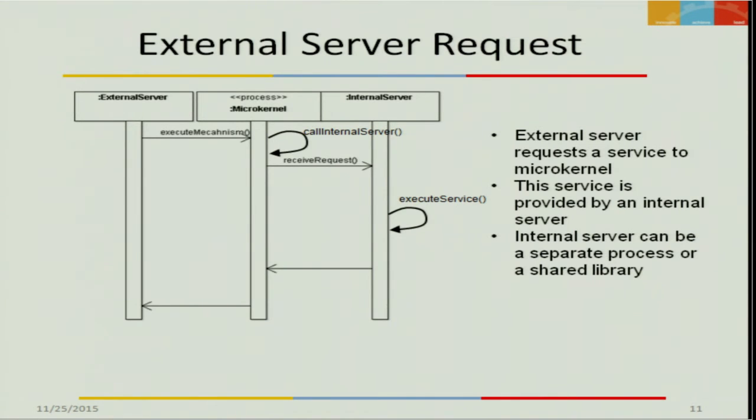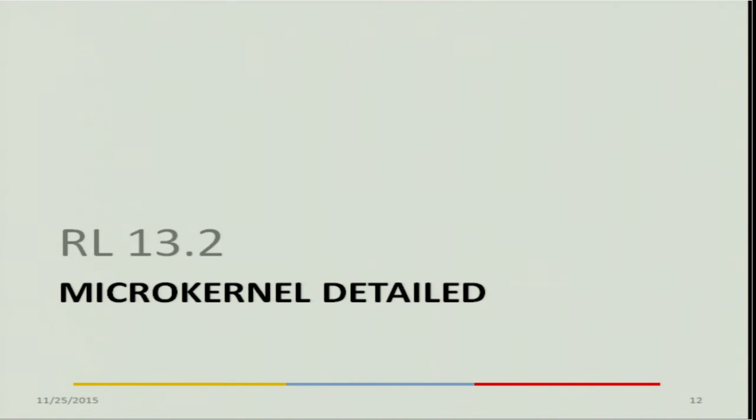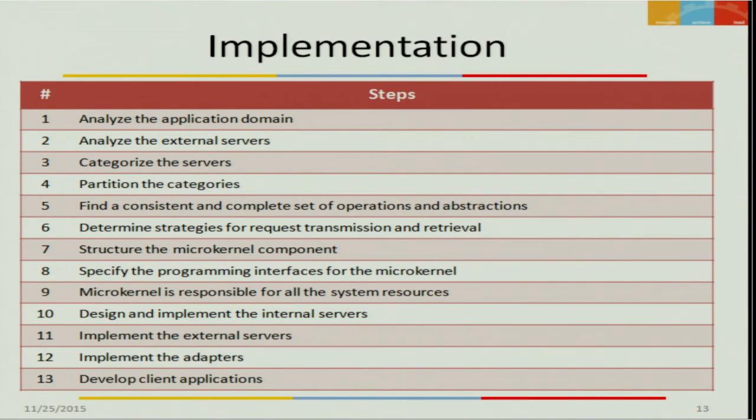Then the next set of activities is categorization of the core services. Identify the core service functionality, and then, as I said, group them into a set of semantically independent categories. For example, group a set of functionality which is useful for memory management, group a set of functionality that is required for process management, group a set of functionality for low-level I/O, communication, and so on.